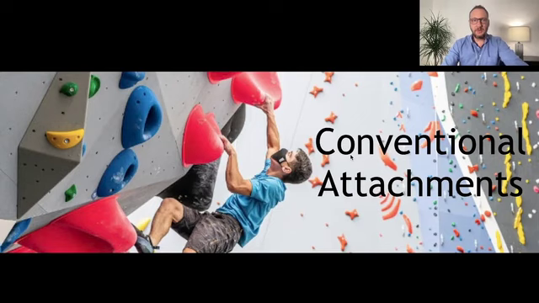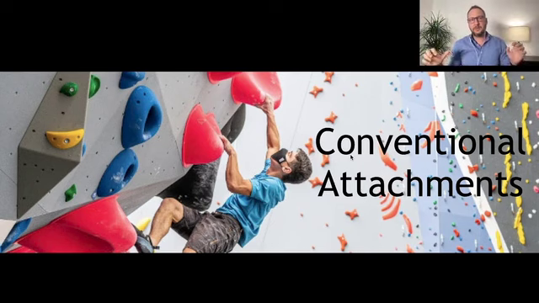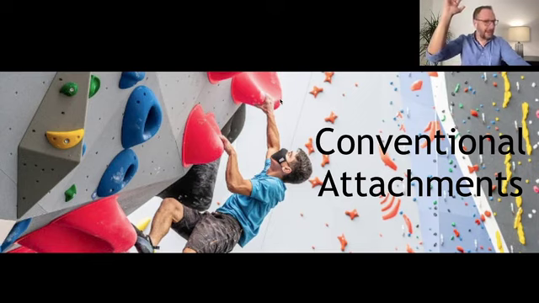But talking about conventional attachments, I always like to remember this climbing wall, where we need points to put our hands in order to climb, right? Otherwise, if we don't have a very good surface to have a good point of anchorage for our hands, probably our hands are going to slip and we're going to fall.